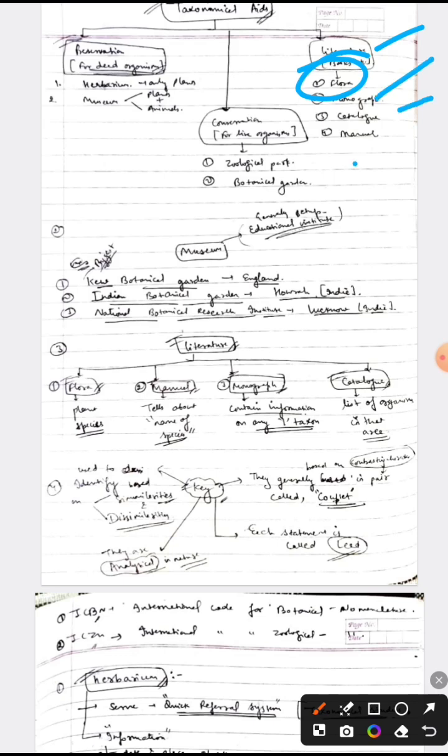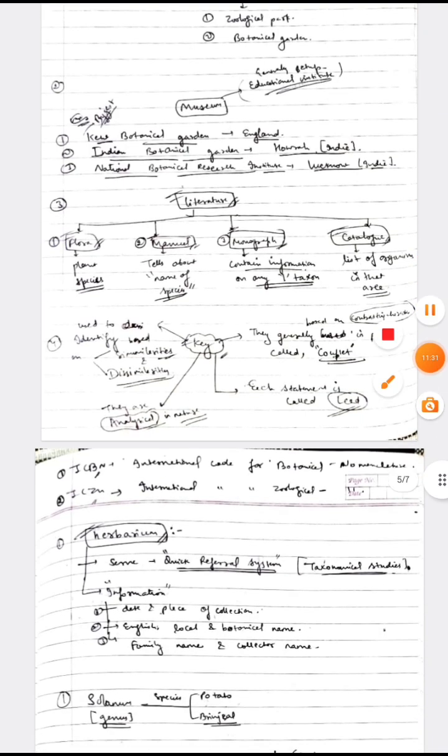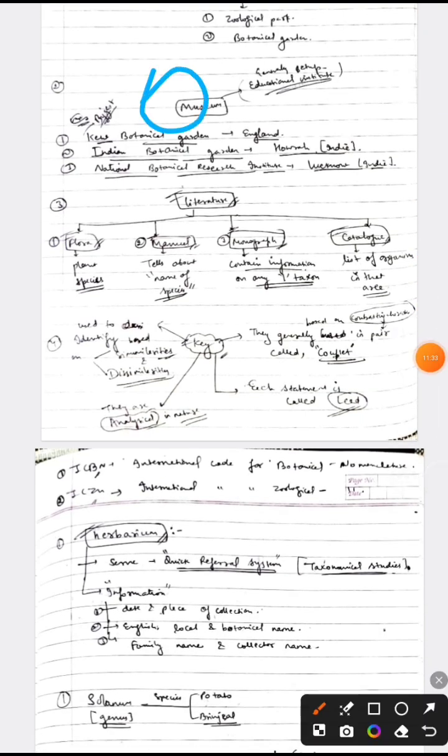Monographs, catalogs and manuals are also studied. Now next is the museum. The museum is generally an educational institute. Museums are generally used for educational purposes by students. So a museum is a place where we conserve both plants and animals.